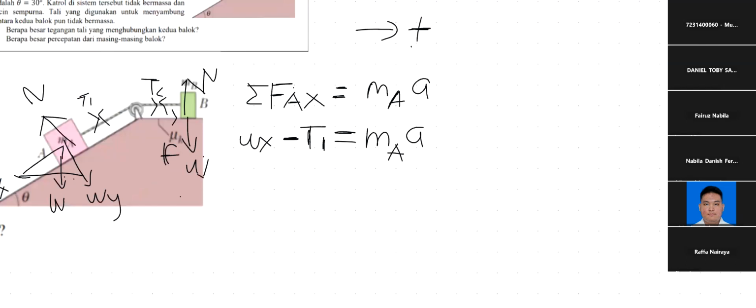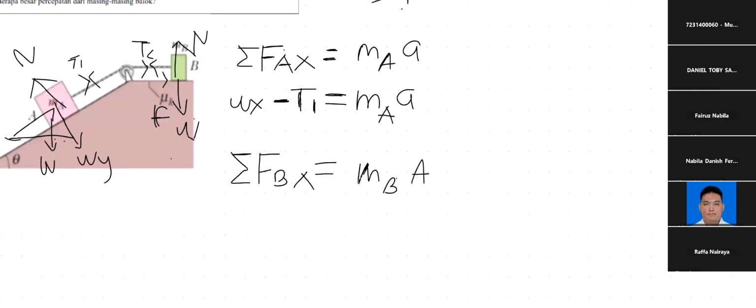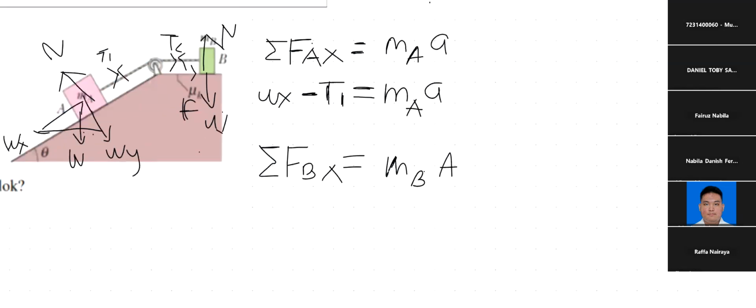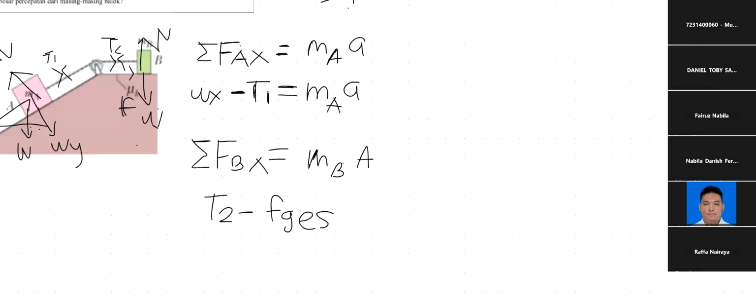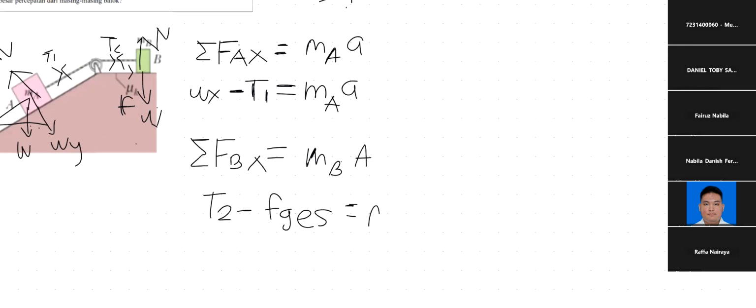Now let's take a look at the other system. Now on the x-axis here, there's going to be quite a lot. So you're going to have T2 to the left. You're going to subtract that by friction. And that is going to equal this.